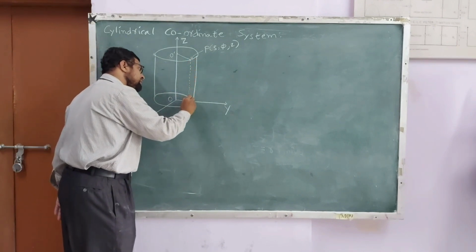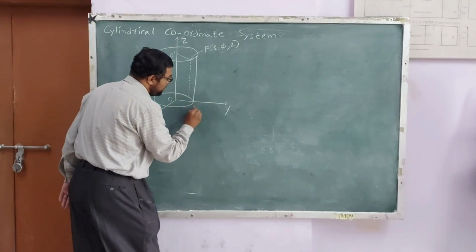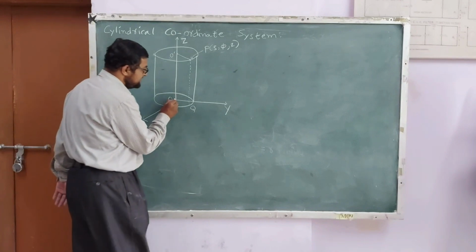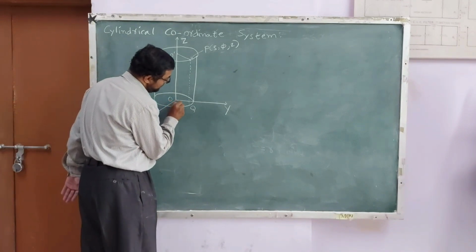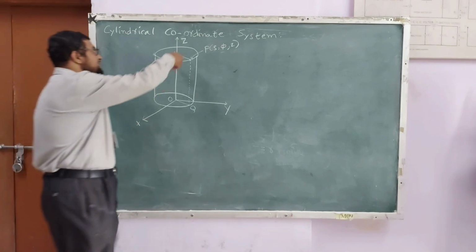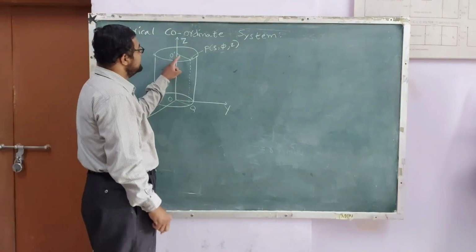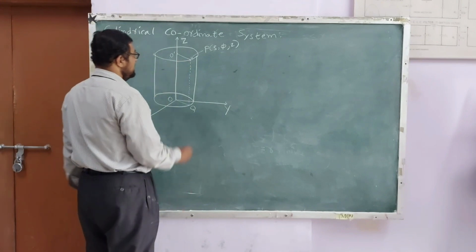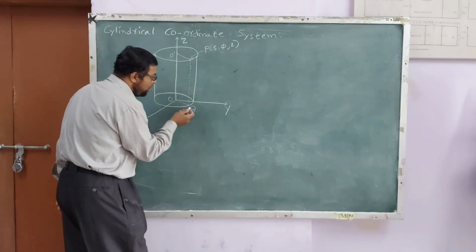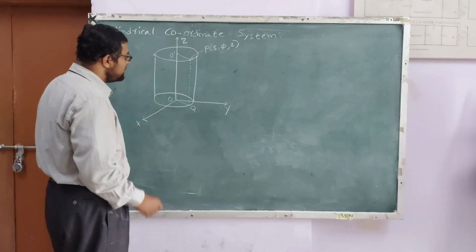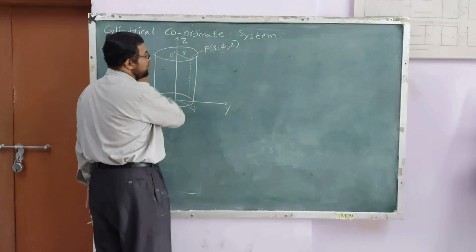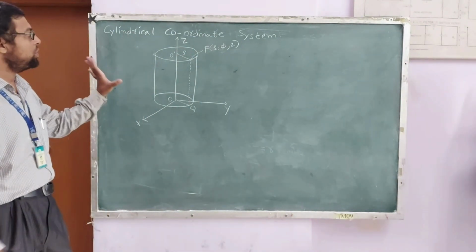We will call this point capital Q. Then this distance is nothing but the radius of this cylinder. It is one of the coordinates, and this is O prime P, or we can also call it OQ. That is one of the coordinates, and we call this coordinate rho. So this is the first coordinate.